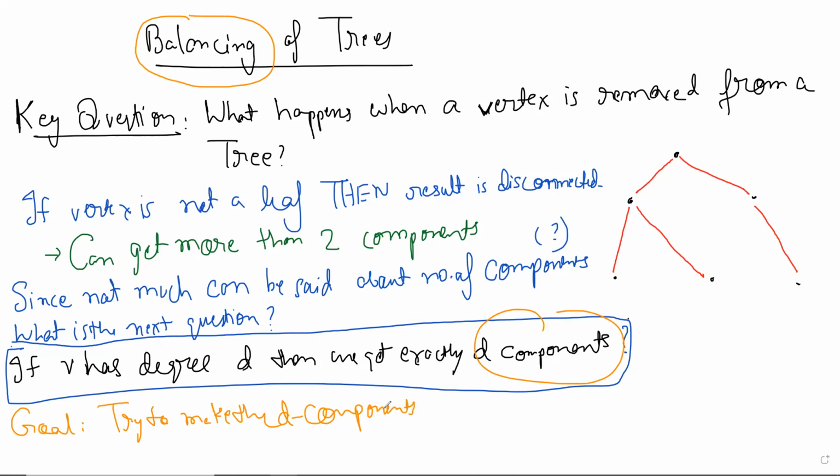This breaks up, right? D components as equal as balanced. This is the balancing, okay? As equal as possible. So we want to choose a vertex V so that the result will be as balanced as possible.